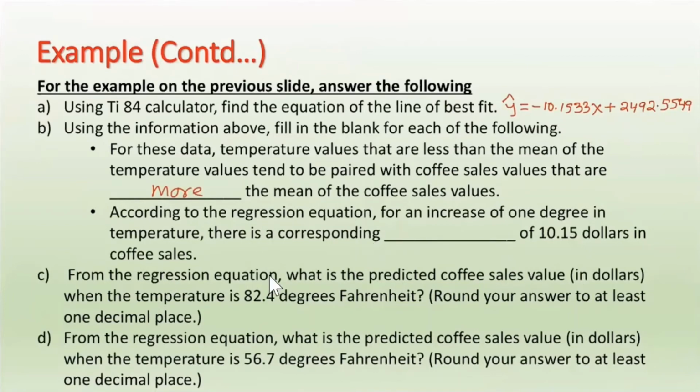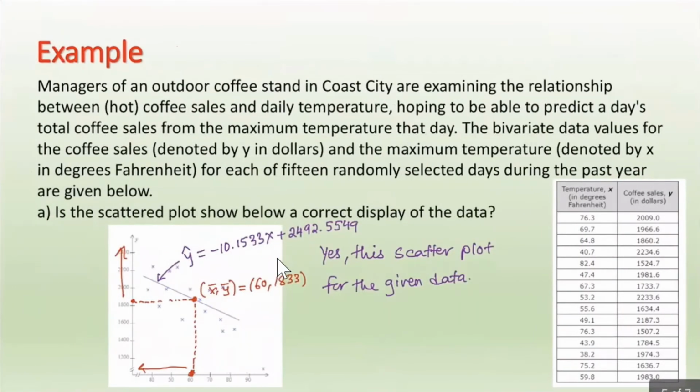The second part is talking about the slope. According to the regression equation, for an increase of 1 degree in temperature, the corresponding dash of $10.15 in coffee sale value. Let's go back to that equation again. If you look at the slope of this line, slope is change in Y over change in X. And the slope is approximately negative 10.15.